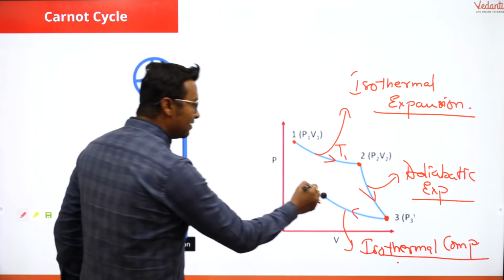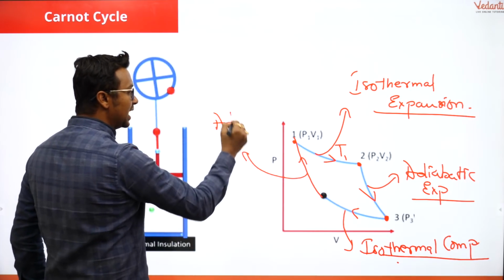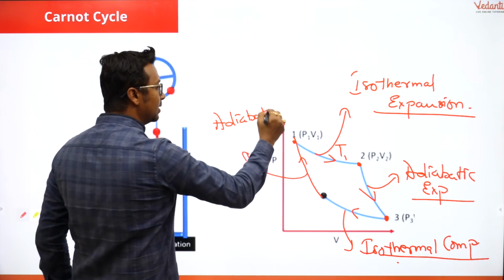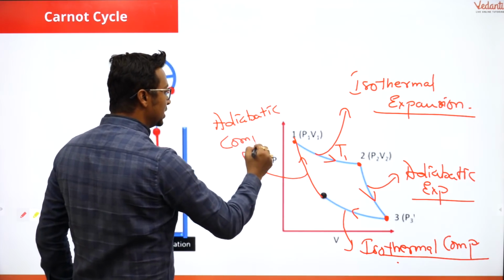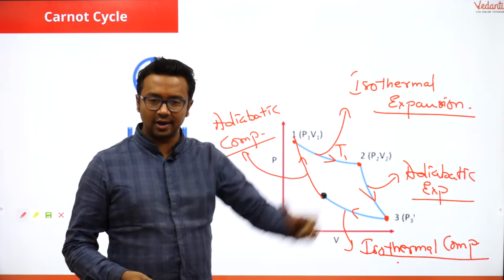And finally it goes back, and this is your adiabatic compression. So my dear students, these are the 4 stages of your Carnot cycle.